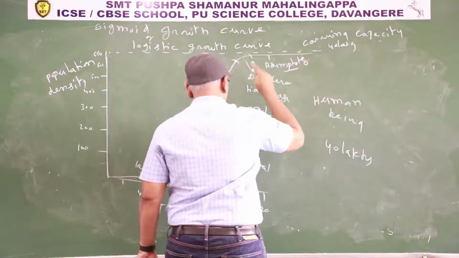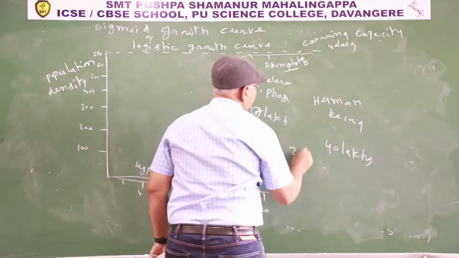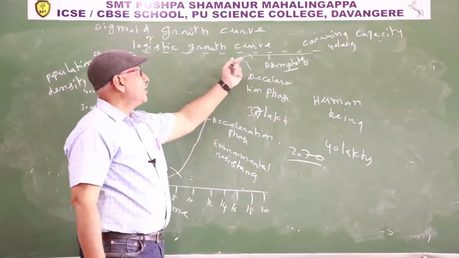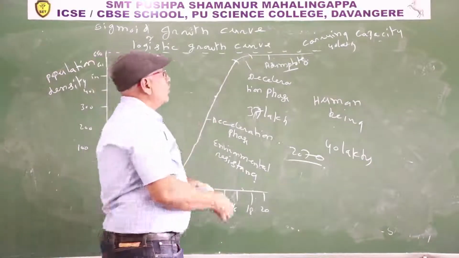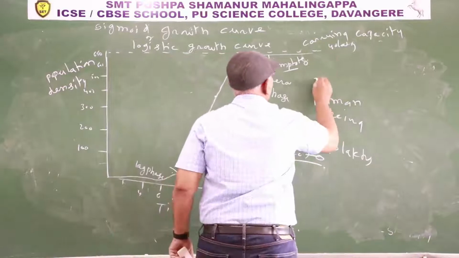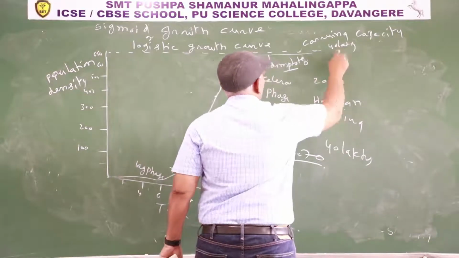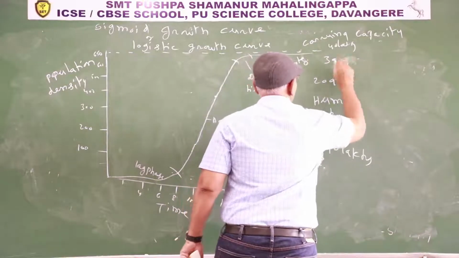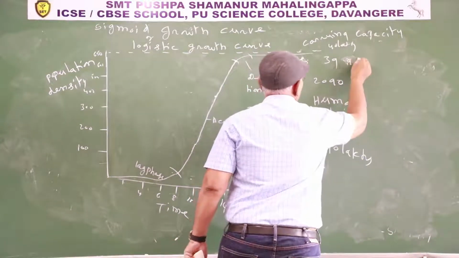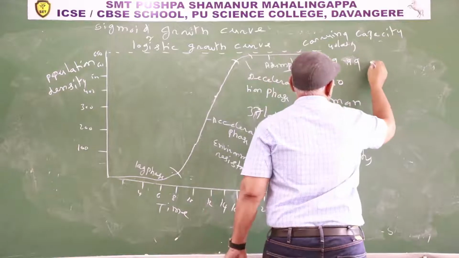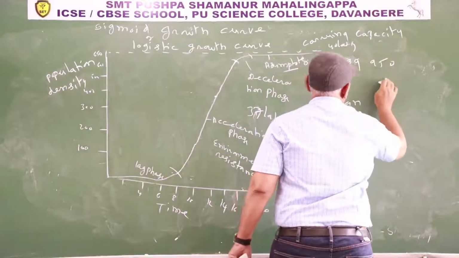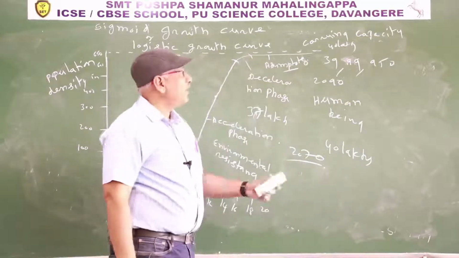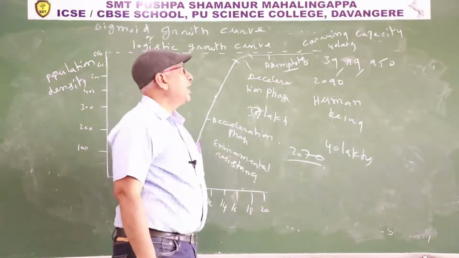For example, Davanagere's population in 2070 may reach 37 lakhs, in 2090 maybe 39 lakhs 99,950.